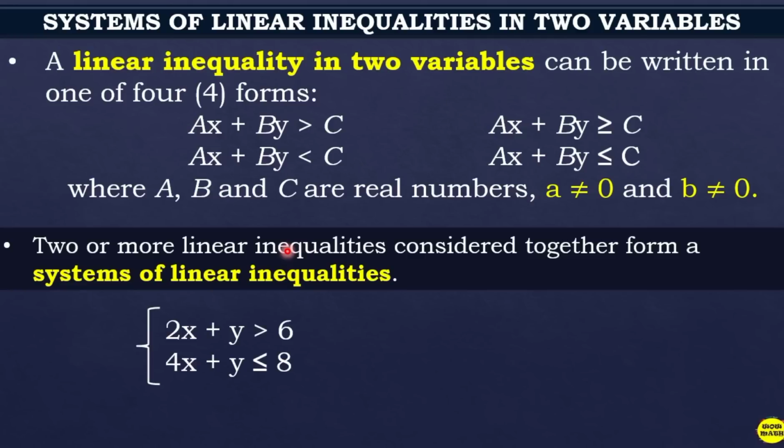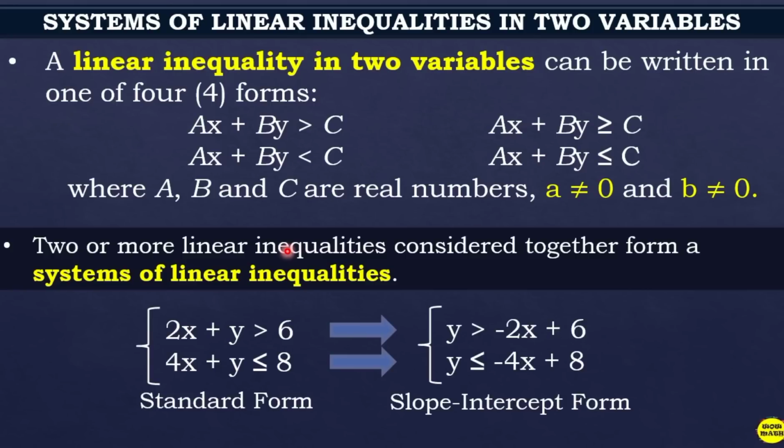So, we have two ways of writing systems of linear inequality. Kagaya nga ng equation, meron tayong tinatawag na standard form na pwede mo ring isulat into slope-intercept form. Itong dalawang form na to ang mai-encounter natin when we are solving systems of linear inequalities. Minsan naka-standard form yung linear inequality mo, minsan naka-slope-intercept form, or sometimes it is a combination of two.